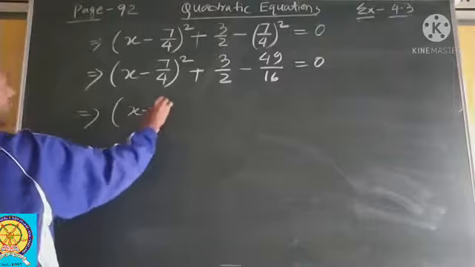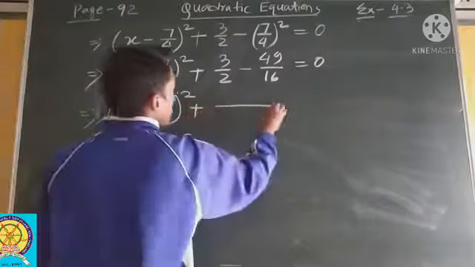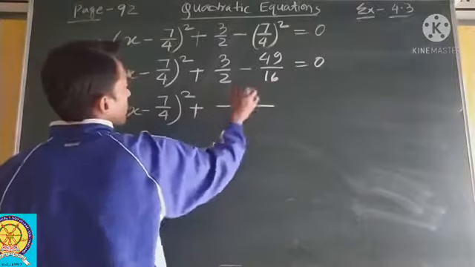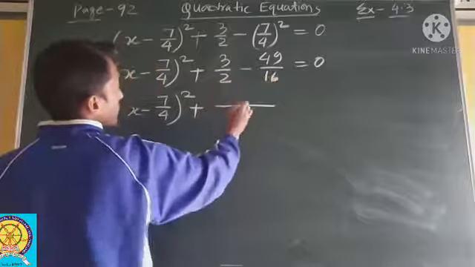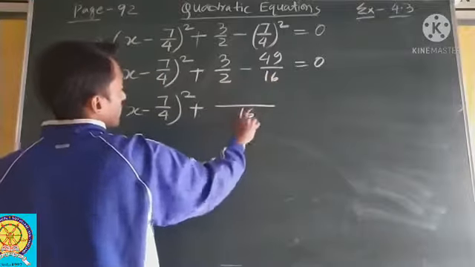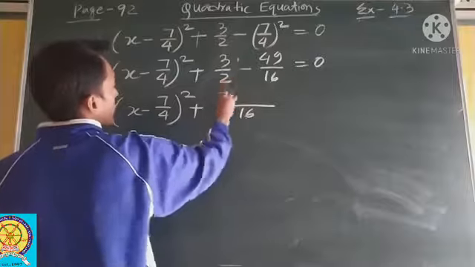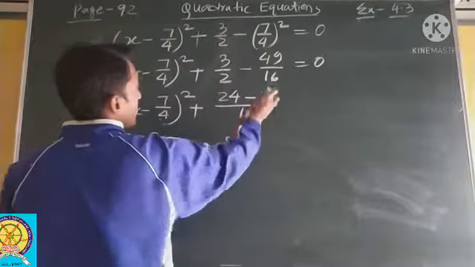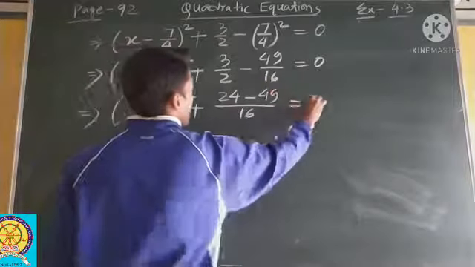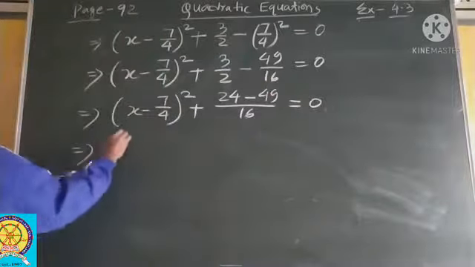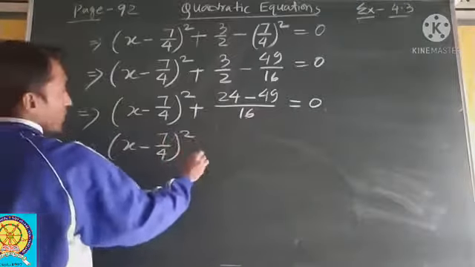Now again it will be the same, plus, now take the LCM of 16 and 2. LCM of 2 and 16 is 16. 16 by 2 is how much? 16 by 2 is 8. 8 times 3 is 24, minus 16 by 16 is 1, 1 into 49 is 49. x minus 7 by 4 whole square.